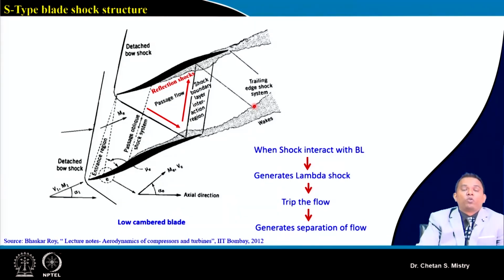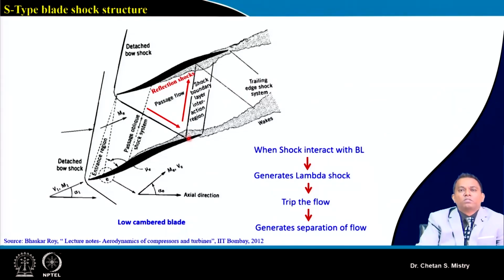That is one phenomenon. We also know that in the presence of a solid body we will have growth of boundary layer. Now here, when this shock strikes the suction surface, because of growth of boundary layer and the striking of this particular shock, we will have lambda shock formation.